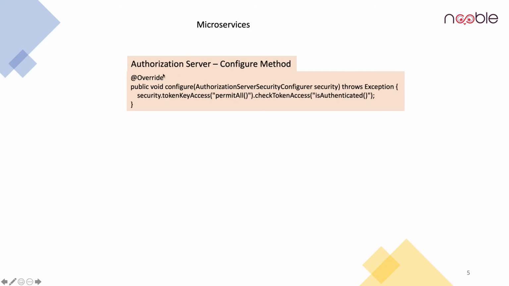Now in the authorization server, we'll be overriding the configure method again. I'll be adding security token key access permit all and check token access is authenticated. So now I'll go to IntelliJ and start the coding. We'll start with the authorization server, that is the oauth-demo microservice, first and later go on to the Zuul Gateway.